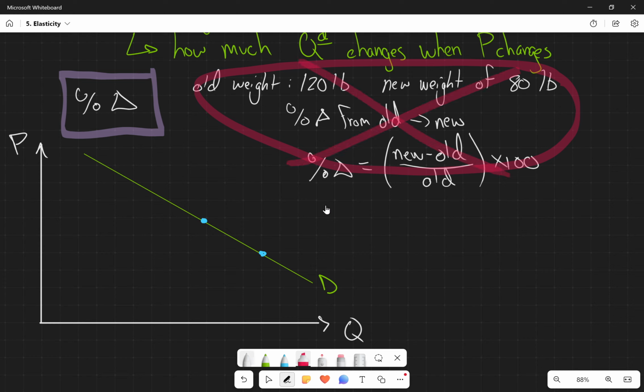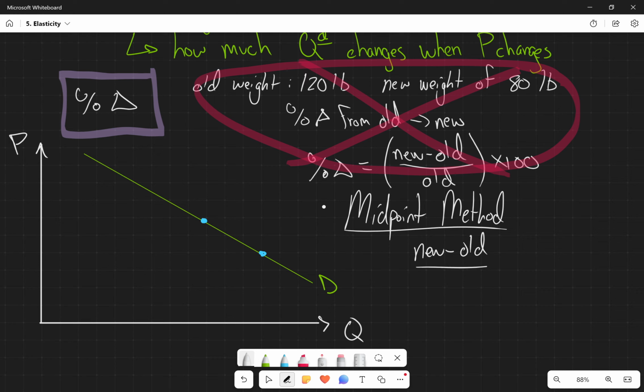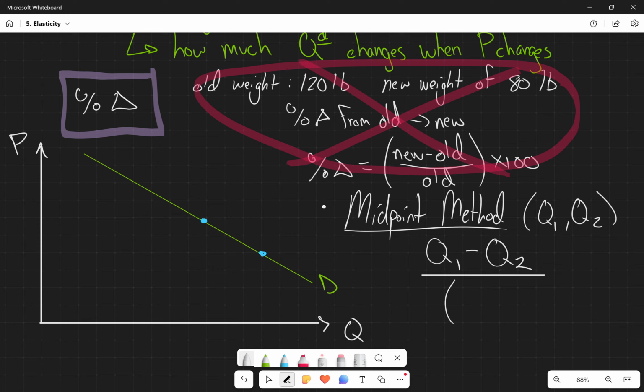We are going to be using what is called the midpoint method. Instead of new minus old over old, between quantity 1 and quantity 2, we now say quantity 1 minus quantity 2, divided by the midpoint, quantity 1 plus quantity 2 divided by 2.